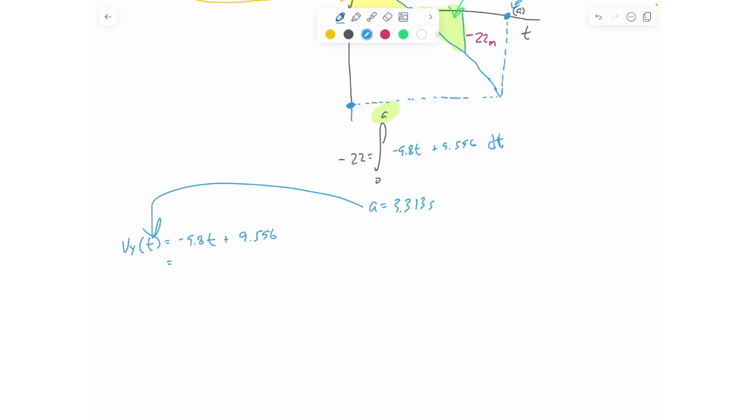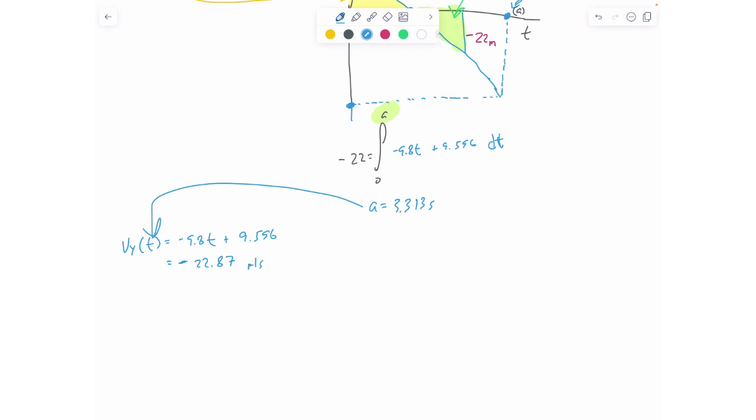And if you do that, you'll end up with a negative 22.887. Okay? And this, of course, is in meters per second.